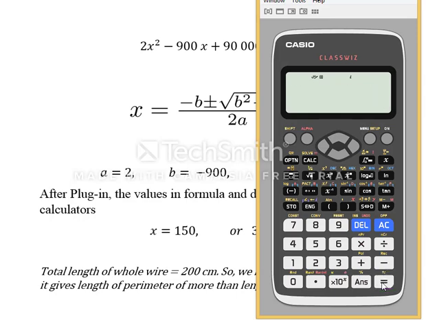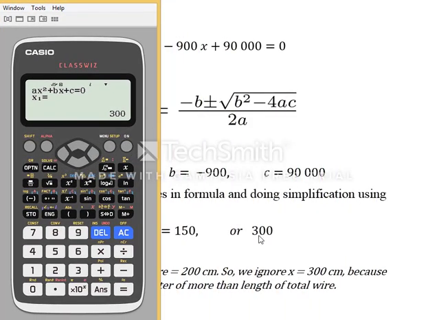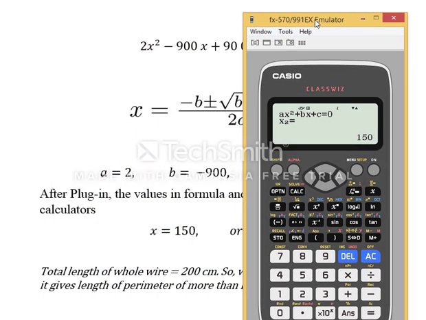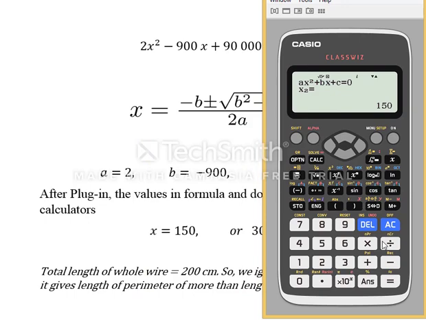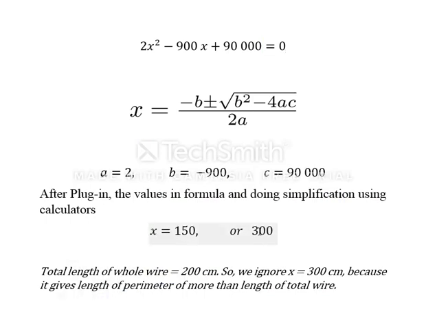Now we have plugged in, the first answer is 300. So you can see 300 is here. The second root is 150. So now we got the roots of this quadratic equation. One is 150 and the second is 300.